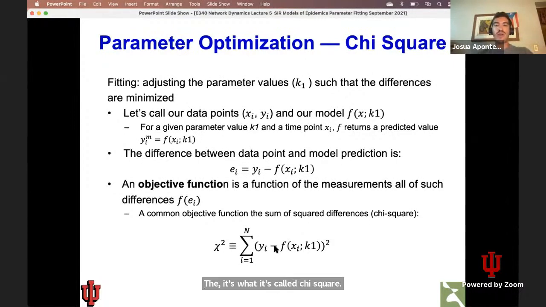And chi-squared is basically the difference between the data point and the model prediction for that single parameter value. Then you square that difference and you add it for every single point.